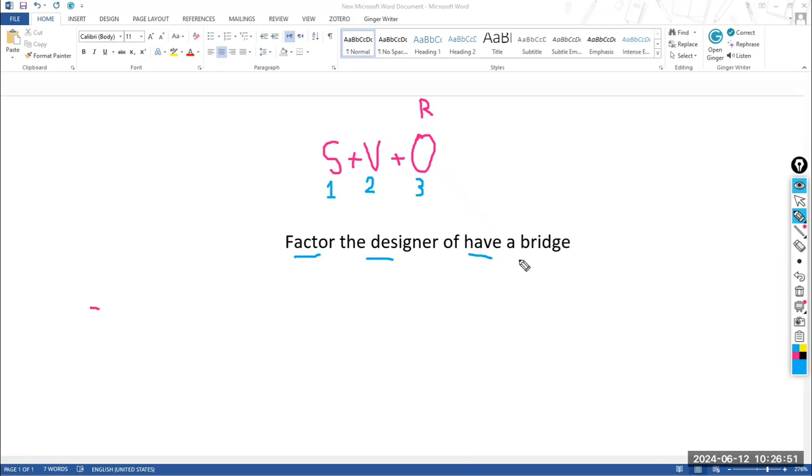Does the sentence have a meaning? If we say factor is the designer of have a bridge, there's a meaning there. You have to check the meaning of the sentence. If the sentence has no meaning, you have something wrong. You have to be careful.